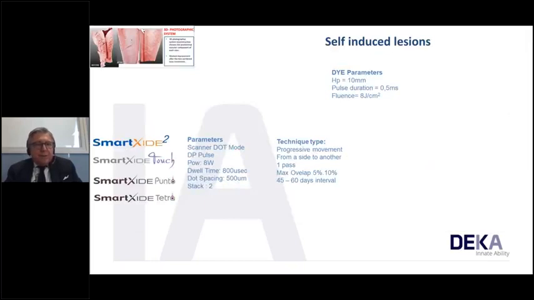On the left, the scanner with DP pulse, power 8, dwell time 800 microseconds, and 500 as the dot spacing, stack 2. On the right, the 10 millimeter handpiece, pulse duration 0.5 milliseconds, and fluence around 8 joules per square centimeter.